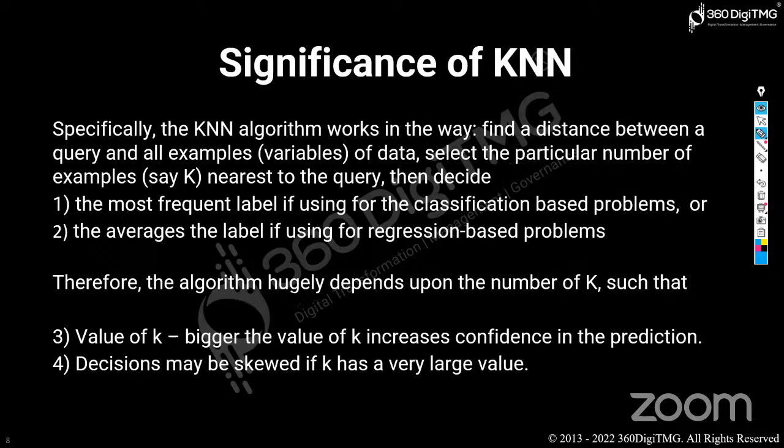Therefore, the algorithm usually depends upon the number of k values, such that bigger the value of k increases the confidence in the prediction. The decisions may also be skewed if k is having a very large value. Making sense? Nice.